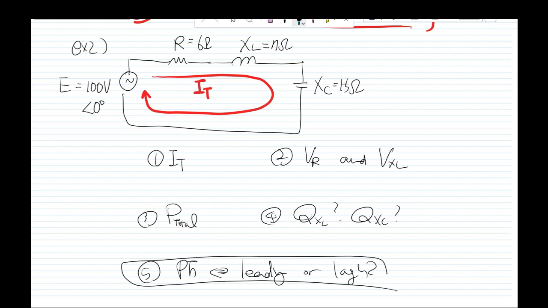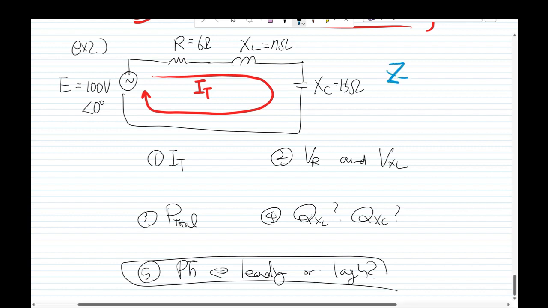I sub t is the total current. Now, from the circuit, from the voltage source, we can see that it is an AC source. So we have to find the impedance.